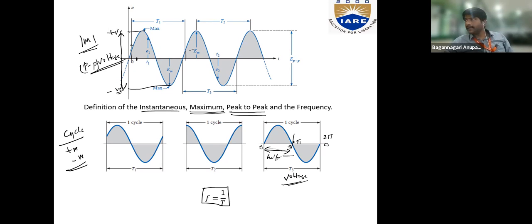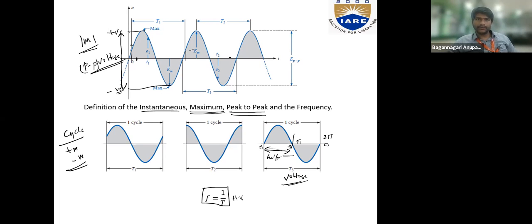A positive half cycle and a negative half cycle comprise a complete cycle. The reciprocal of the time taken for this you call frequency, represented in hertz, right? The time taken for the repetition of an alternating quantity is called the time period.